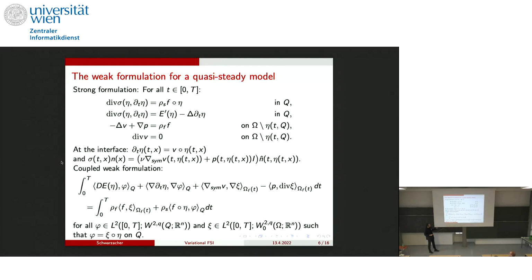And now the point is, and this is a very nice trick, that all the geometric troubles you put sort of to the test functions here. So you take an Eulerian test function and you take a change of variables such that you have the right test function also on the Lagrangian domain. So you have this global Eulerian experiment, if you wish, and you just take the respective mapping for the solid variation.